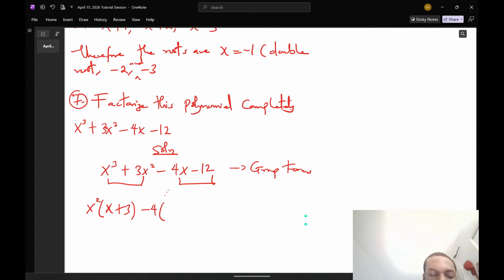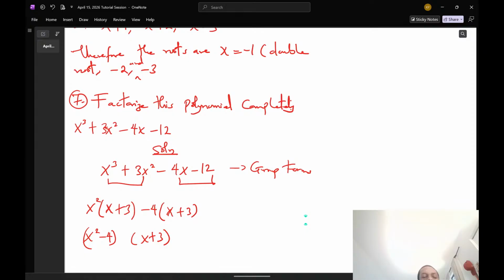Minus 4x divided by minus 4 is plus x, okay? And then minus 12 divided by minus 4 will give us plus 3. Okay. So we have it as x squared minus 4 and then x plus 3.